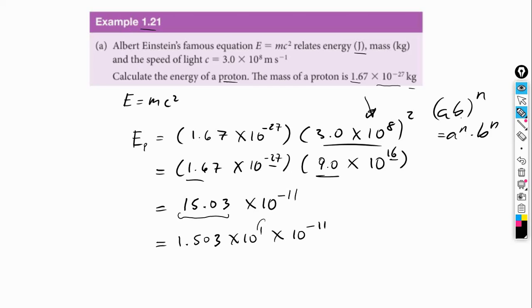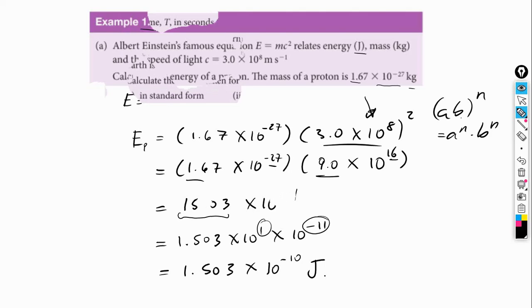And then we can add this exponent with this exponent, and we end up with 1.503 times 10 to the power of negative 10 joules. So the energy of a proton will be equal to 1.503 times 10 to the negative 10 joules.